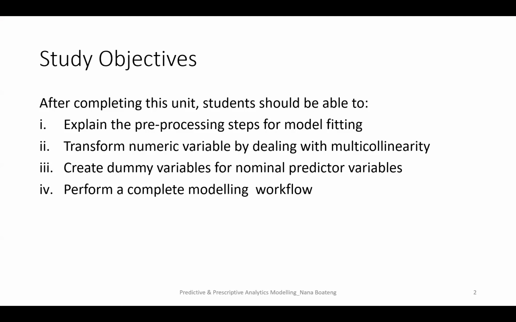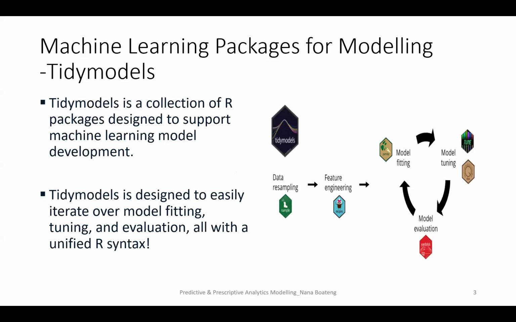Today we'll look at pre-processing steps for model fitting, transforming numeric variables by dealing with multicollinearity, how we create dummy variables for nominal predictor variables, and then we will do a complete modeling workflow. Yesterday we spoke about the components of the Tidymodels ecosystem, so we are conversant with this already.